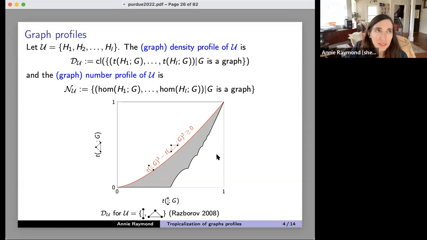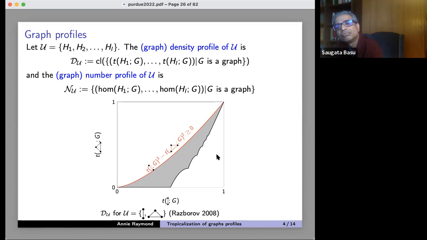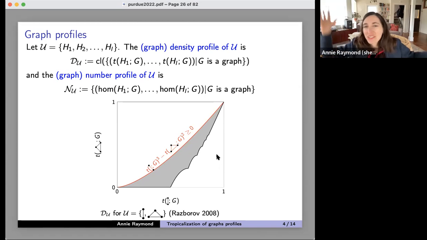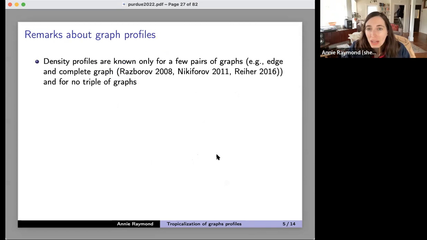And then there's this paper by Hatami and Norine where they find this graph profile and then they slice it and project it down and they get a shape that is almost nowhere differentiable. But they slice it and projected it, so that doesn't mean anything, but we don't know how bad it can get.